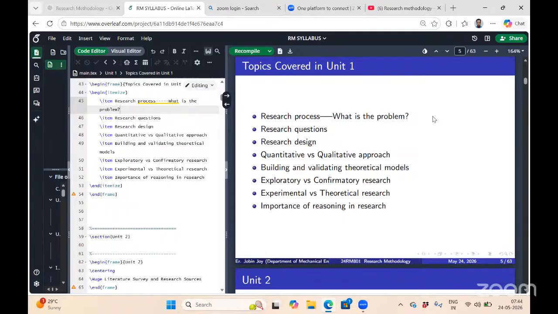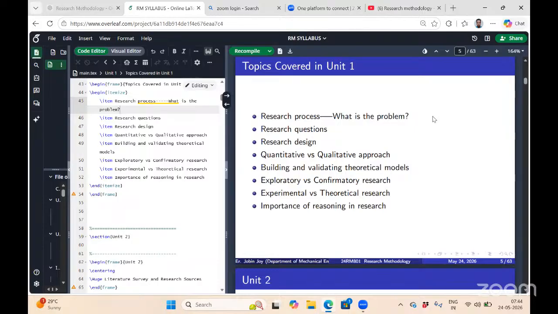What is research design? Research design is the overall plan or framework to conduct research. It helps organize data collection, sampling, and analysis methods. There are different types of research designs, such as experimental design, survey design, case study design, and descriptive design.